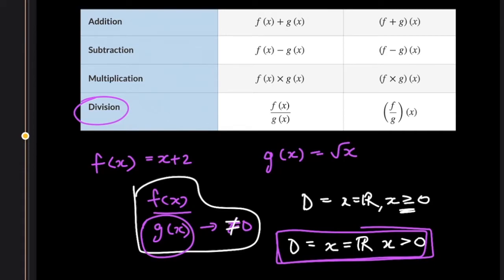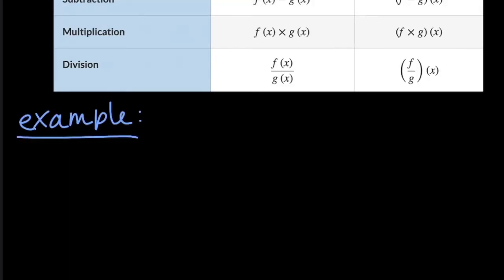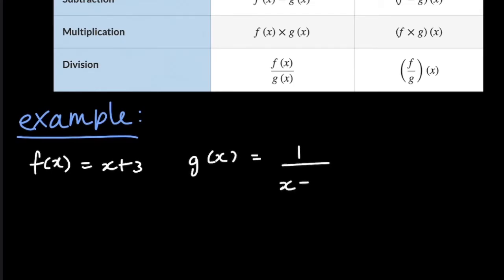And that's pretty much it for the operations with functions. It's pretty simple. We can look at an example. Let's say we have f of x equals x plus 3, and g of x is equal to 1 over x minus 2.